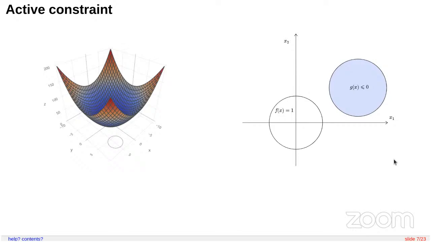Now if I want to minimize this function, what should I do next? Any guesses are fine. Take the derivative.